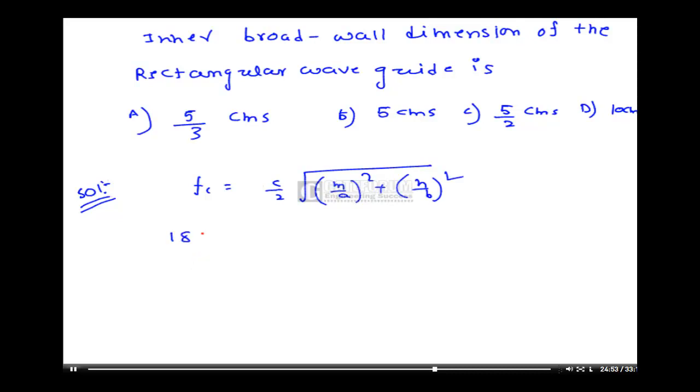So cutoff frequency is 18 into 10 power 9, 18 gigahertz, for TE30. So c by 2 into only m by a, that is 3 by a. They are asking for the inner broad wall dimension, which is nothing but A. Broad wall dimension is A, so we have to calculate A.